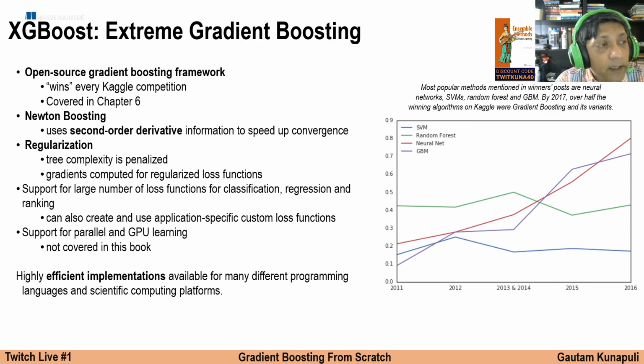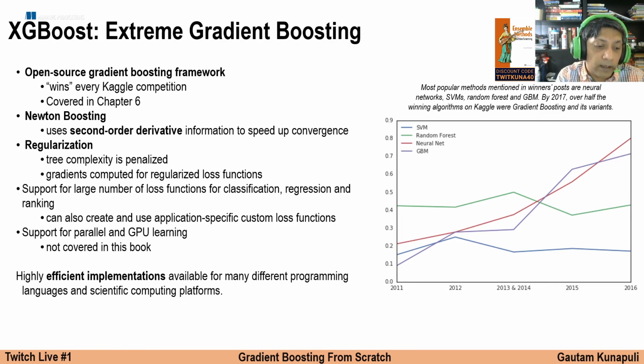But the key difference is that LightGBM, at the end of the day, implements a slightly more sophisticated version of what we talked about earlier, right? So that's what LightGBM does. XGBoost, on the other hand, takes it further and implements a slightly more advanced version of boosting called Newton boosting, right?